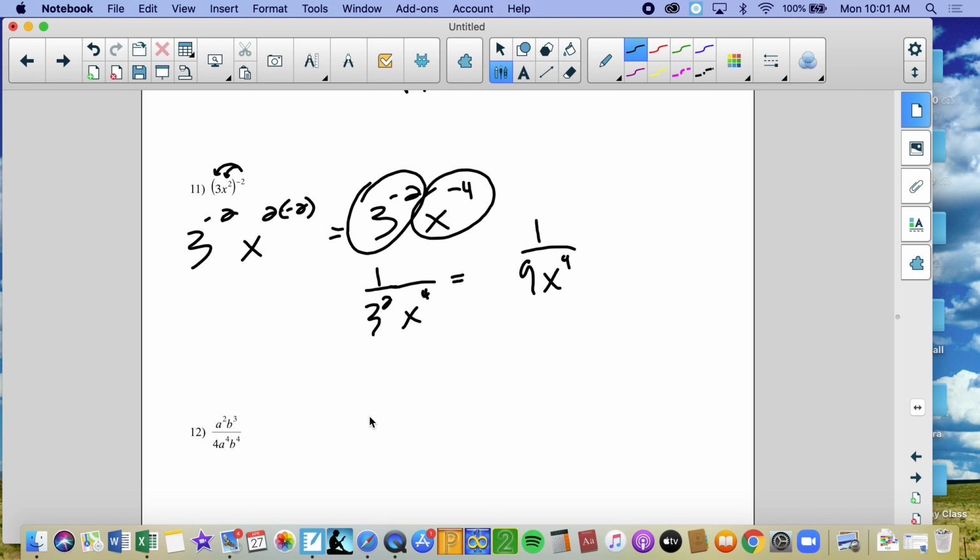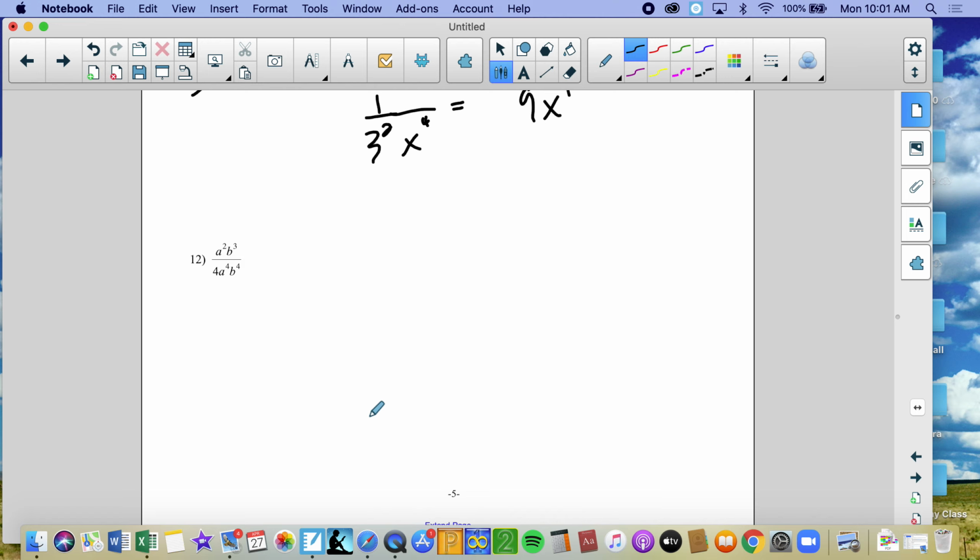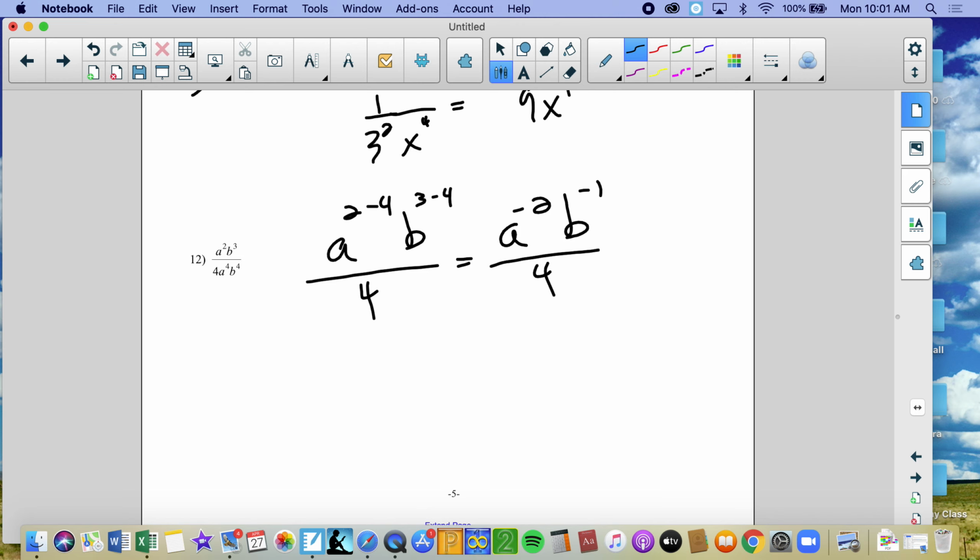On number 12, we have division. When we divide like bases, we're going to subtract their exponents, and that subtraction takes place in the numerator. And that 4 doesn't have a partner, so it stays in the denominator. A to the negative 2, b to the negative 1 over 4.